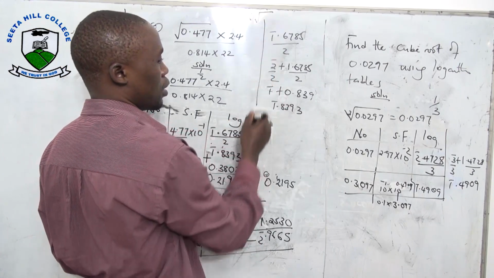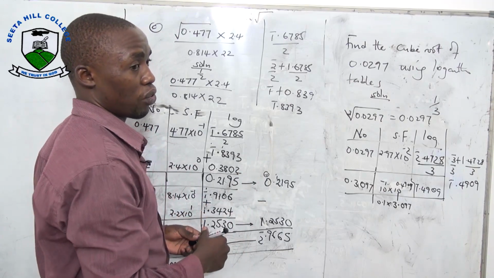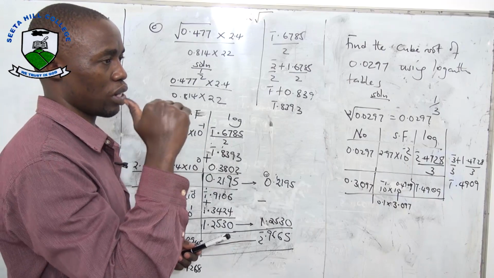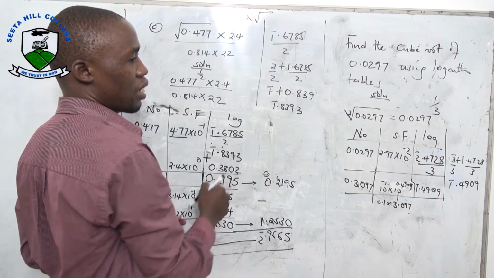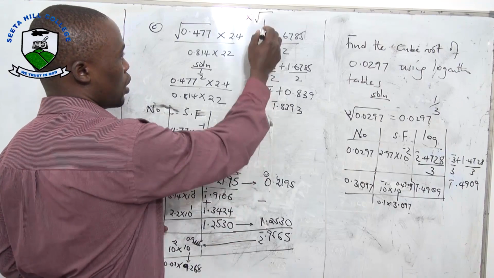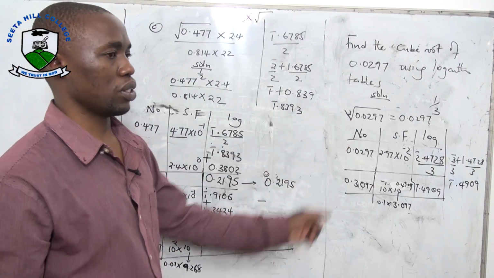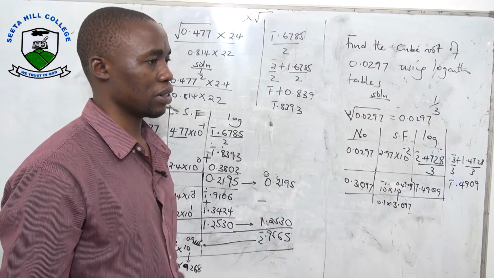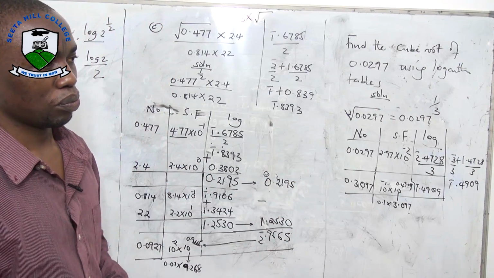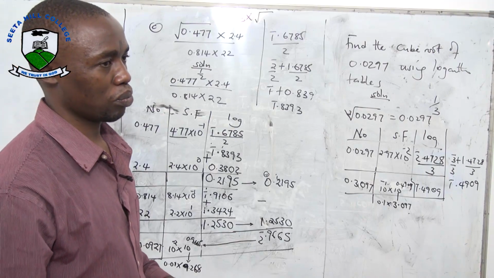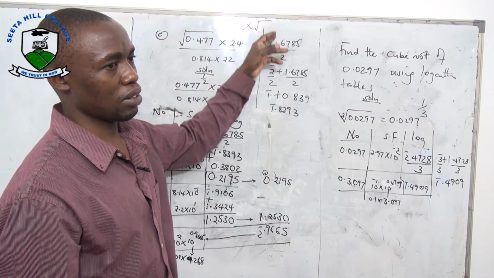You first press 3, shift, I think you look for it on shift, because it's not on the button itself. So shift 3, then you press that, then you put in the value. Do you get this perfect? Yes.